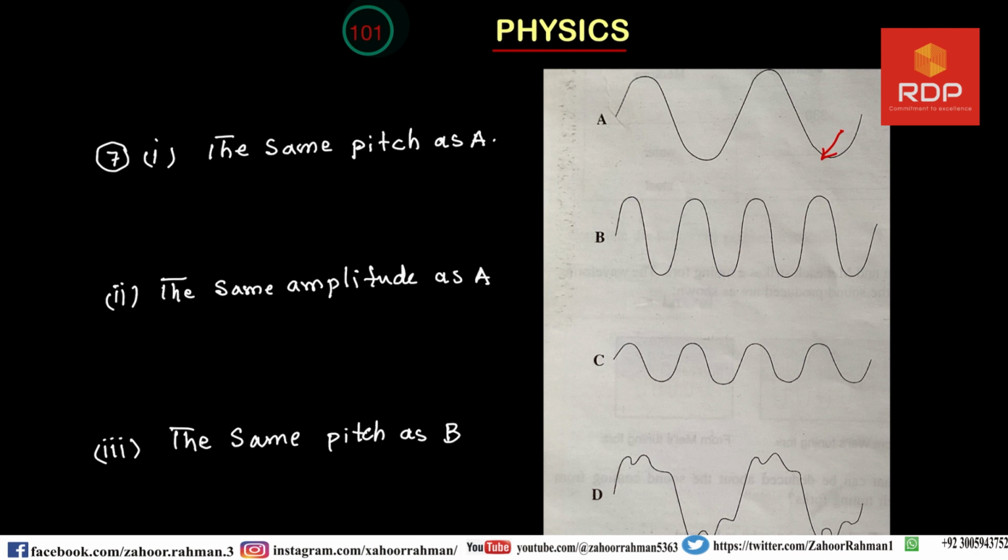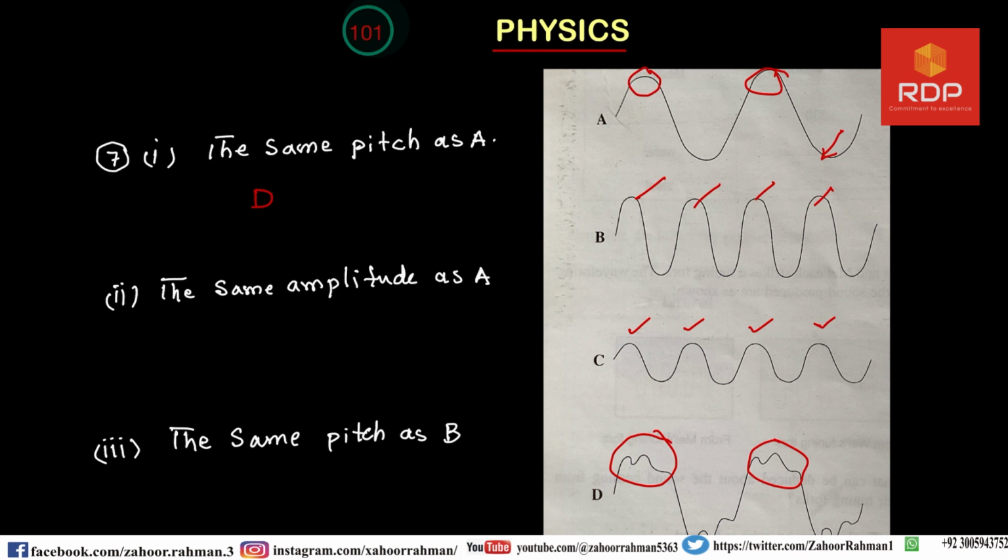So you can see that there is one crest and two crests, but here it is 1, 2, 3, 4, so the frequency is not the same. Here also 1, 2, 3, 4, so the frequency is not the same. In this case, although the pattern is changed, the frequency is the same. So in the first part we can write D is having the same pitch as that of A.